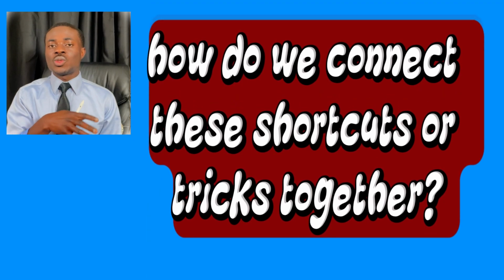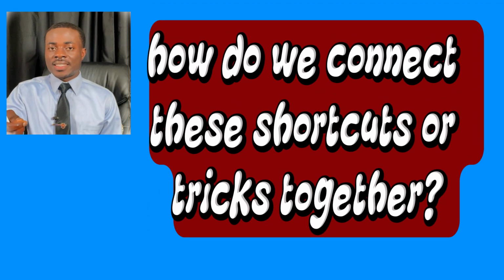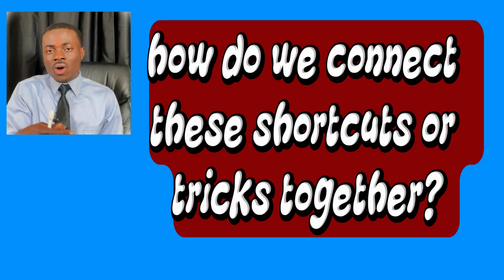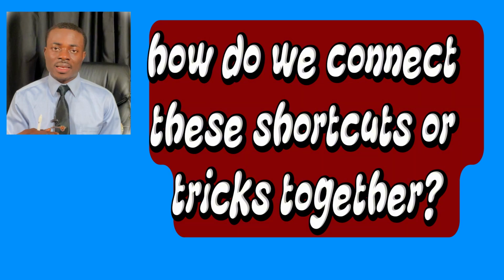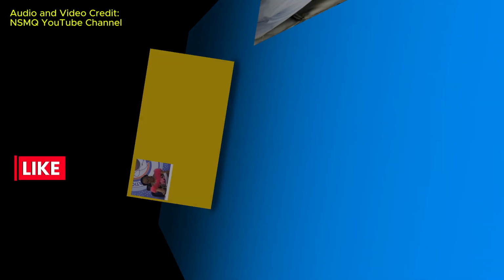So now that I've shown you all the tricks, the next stage is that I'm going to show you how all these shortcuts connect together to solve the question in less than 30 seconds. Preamble.